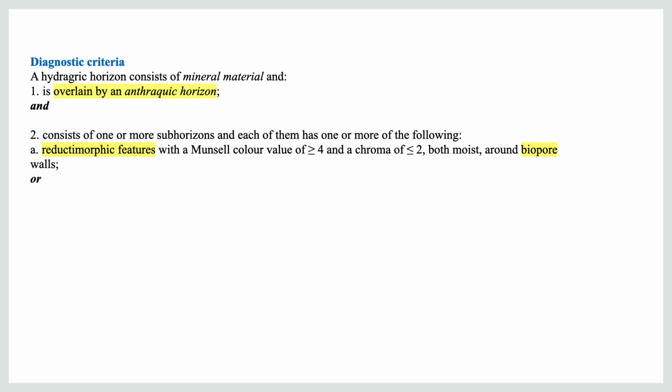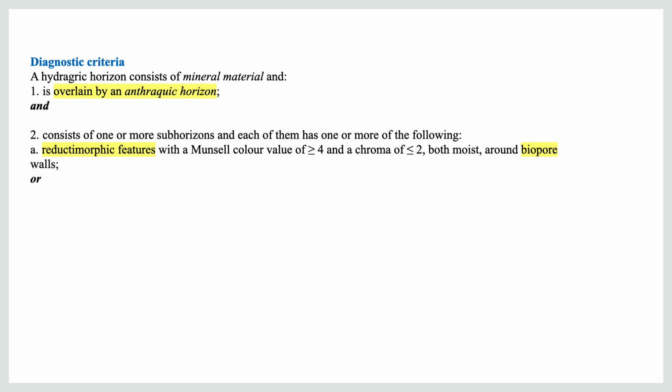The hydragric horizon has some diagnostic criteria. First of all, we need to be below the anthraquic horizon, of course. Second, we need to find reducimorphic features, features that express reduction, okay?